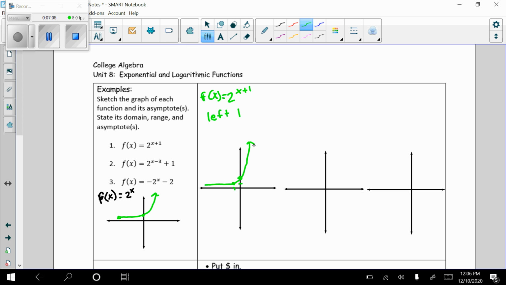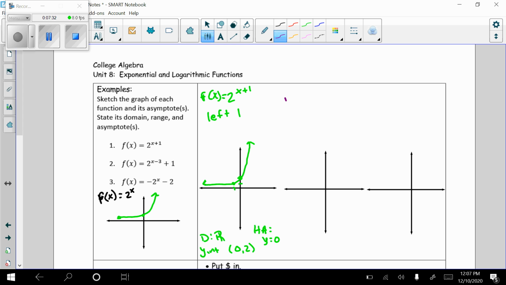Nothing else has changed about the shape. And so our domain is still all real numbers. Our y-intercept, though, is now (0, 2). But our horizontal asymptote, and I didn't save myself much room down there, is still y equals 0. It's never going to cross that 0 line.